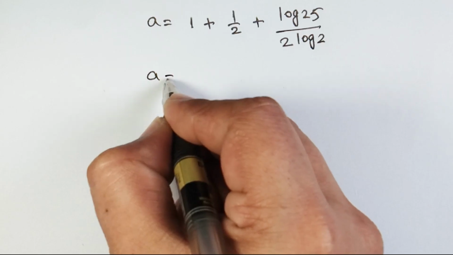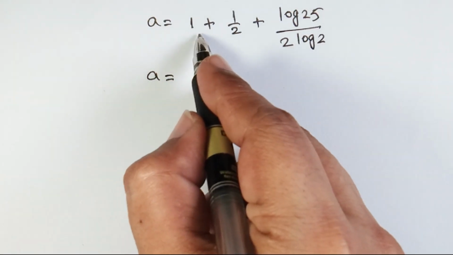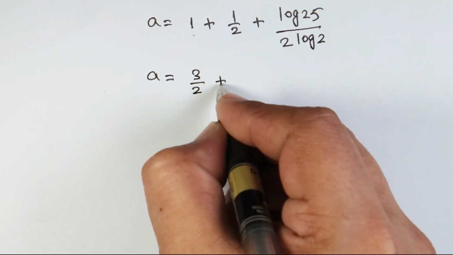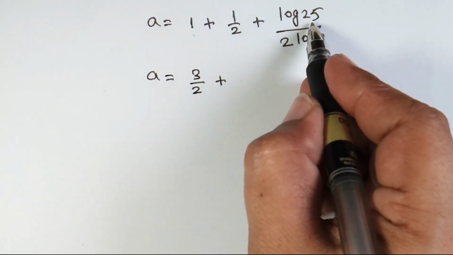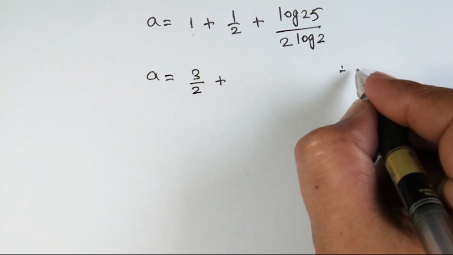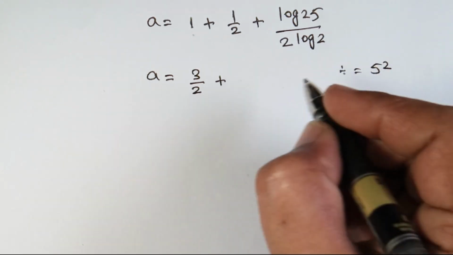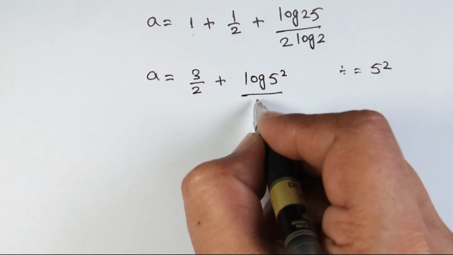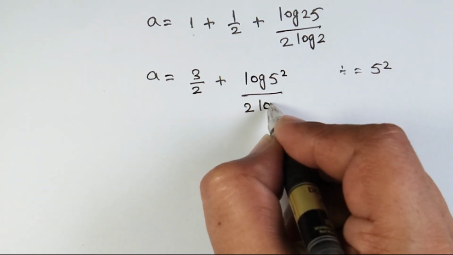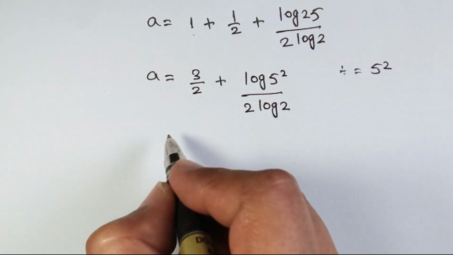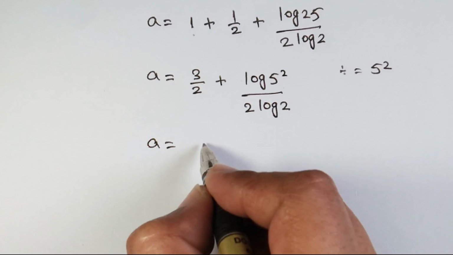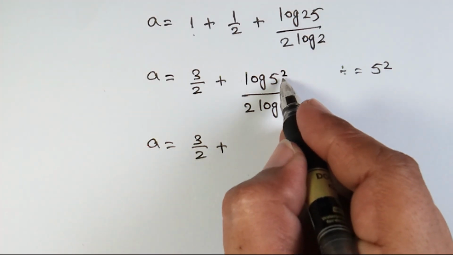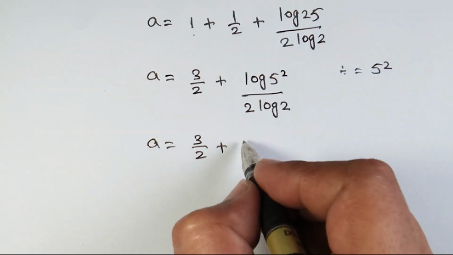So now the next step is a is equal to, so we will solve 1 plus 1 over 2. It will give us 3 over 2 plus, we can write the 25 as 5 square. So log of 5 square over 2 log of 2. So now a is equal to 3 over 2 plus, so this power of 5 will move to the front as a multiplier.